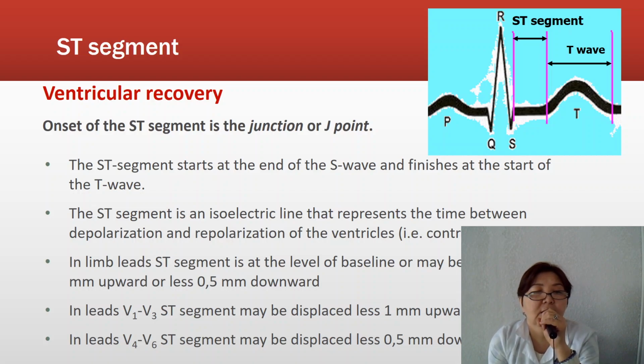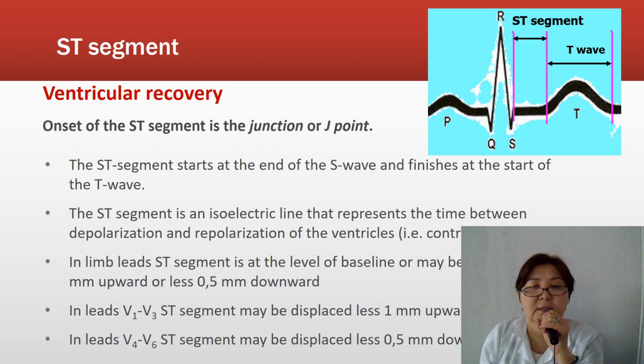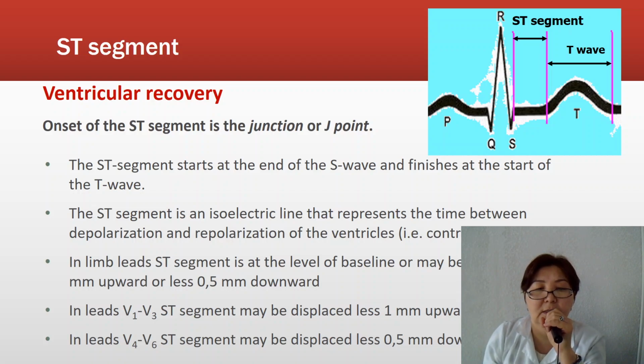The ST segment is an isoelectric line that represents the time between depolarization and repolarization of the ventricles. In limb leads, the ST segment is at the level of baseline or may be displaced less than 1 mm upward or less than 0.5 mm downward.